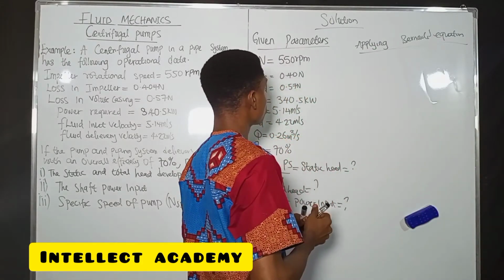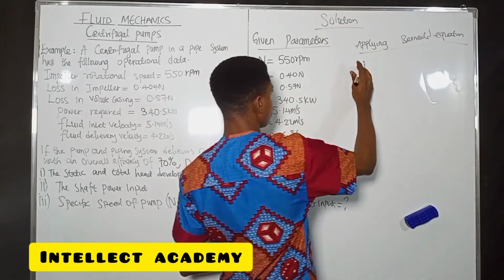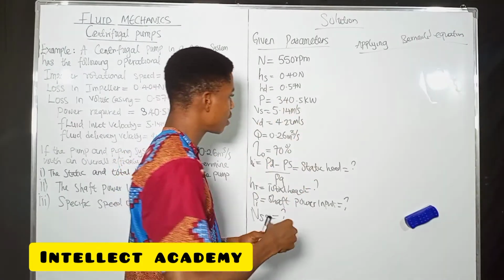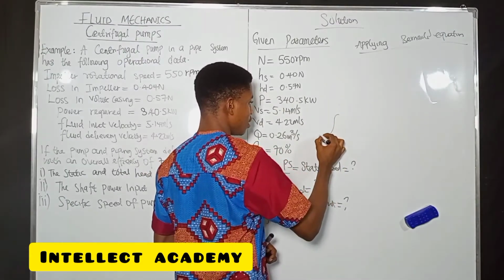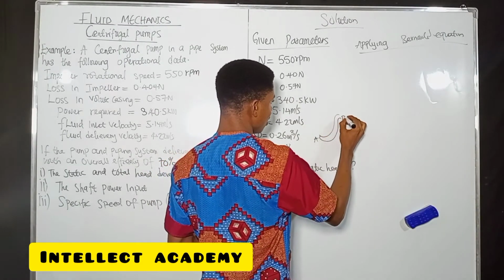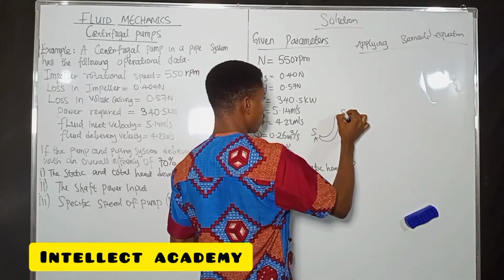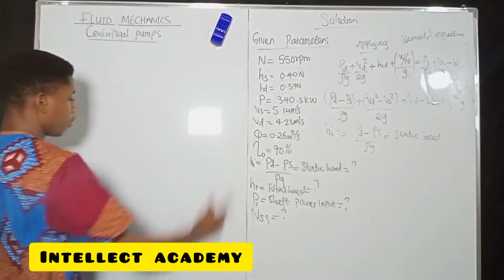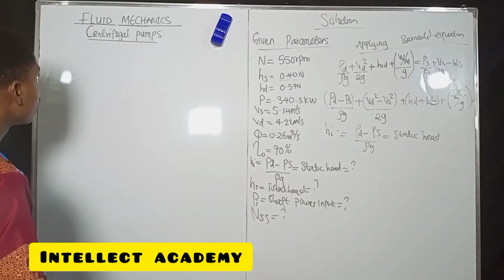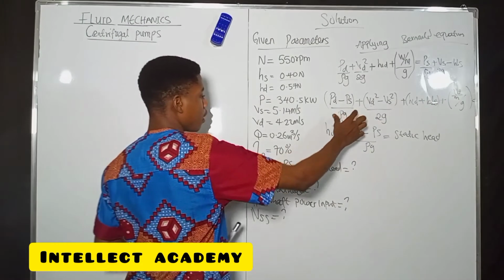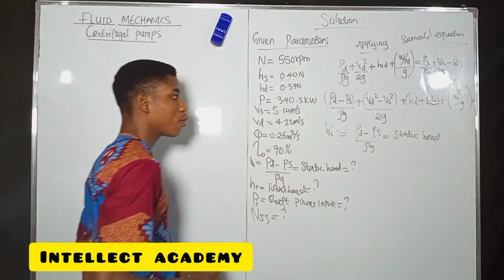Bernoulli's equation applies in cases where you have two points. Let's say this is point A and this is point B; in this case, this will be point S and this is point D. We are going to make HI the subject of the formula.